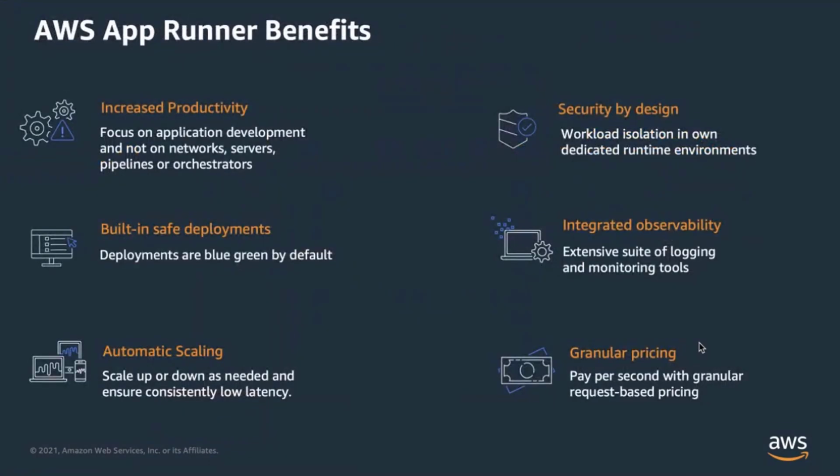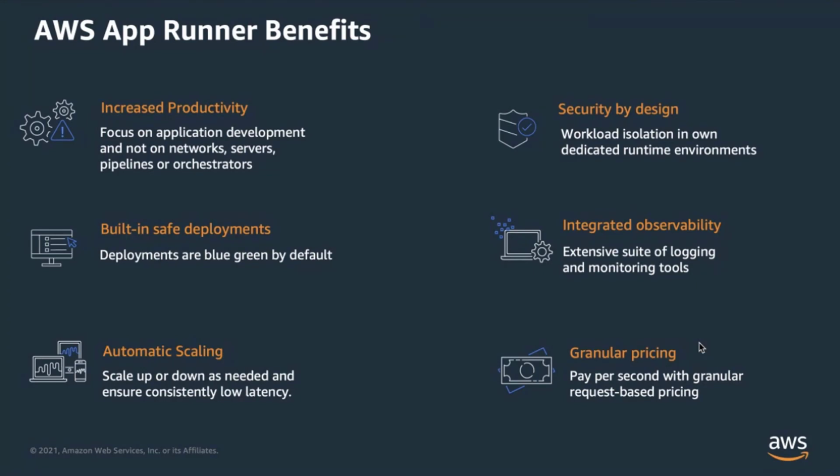benefits it affords you. The first is you're running apps, not infrastructure, so you have a better developer productivity. You don't have to focus on the layers of infrastructure and patching and managing them. So it helps you really iterate and build faster. The second is you have a lot of best practices built into the service.